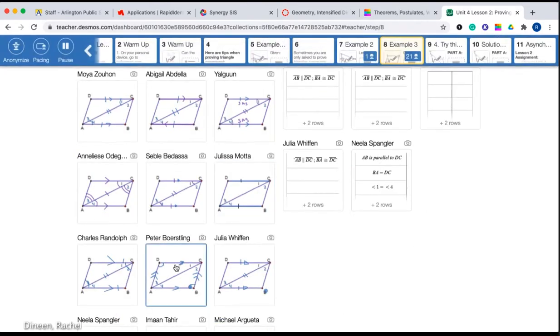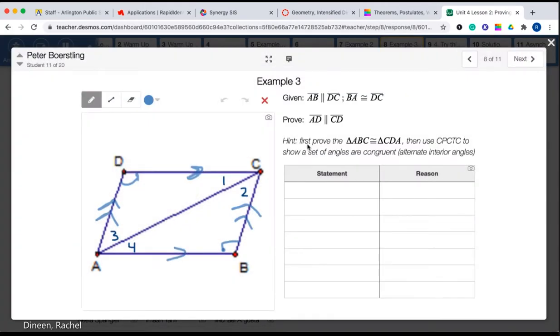All right, so Peter, make sure that you read the directions. It's saying that segment AB is parallel to segment DC. You did AD is parallel to BC. That's what we're trying to prove, so that should not be marked on your diagram.